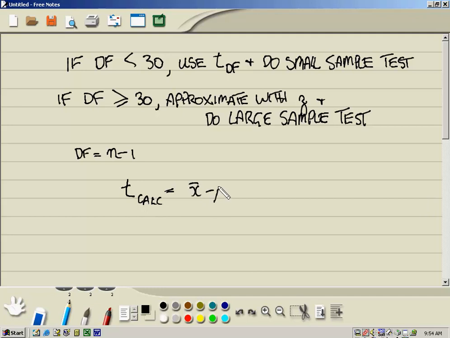Alright, x bar minus mu divided by the standard deviation of the sampling distribution, S of x bar. Alright, so theoretically what we called Z-calc before is T-calc, but since Z is a particular T, that was no big deal. And remember, all of this is done for only averages.